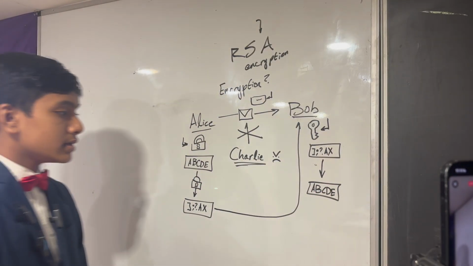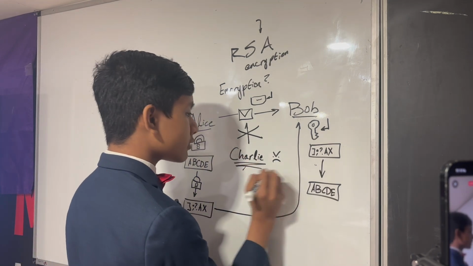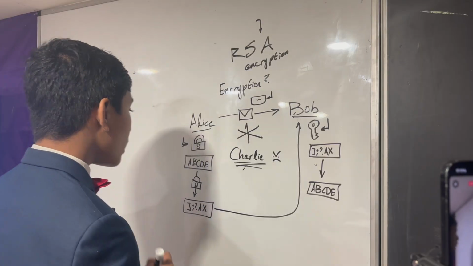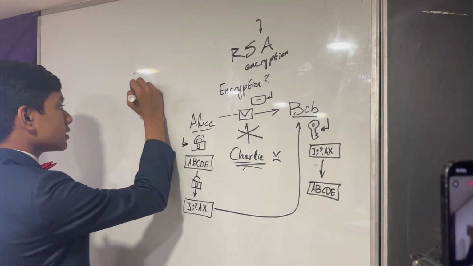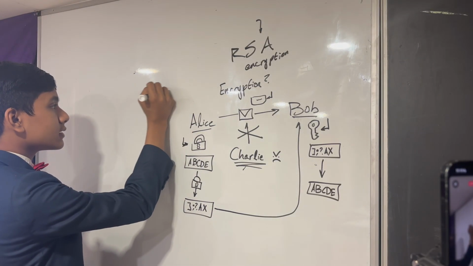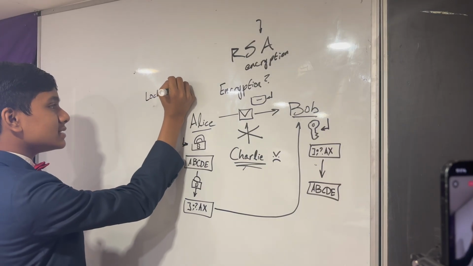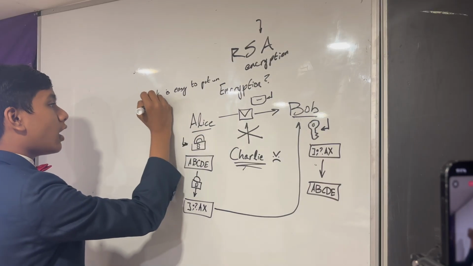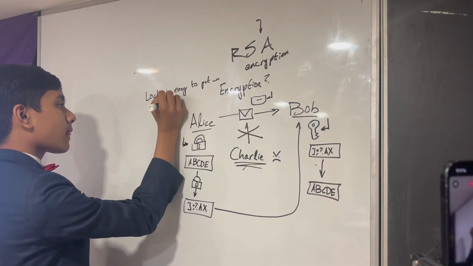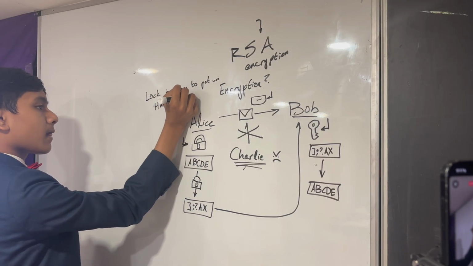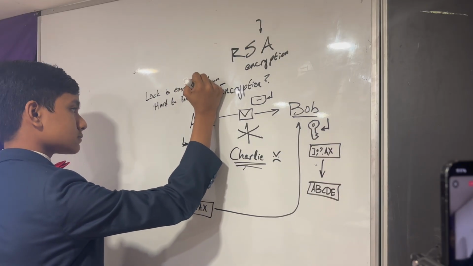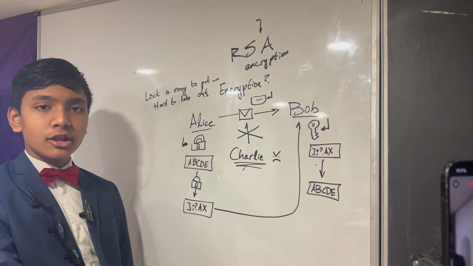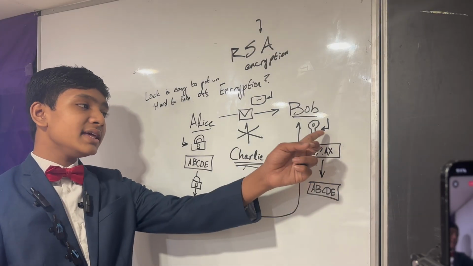Okay, so how can Charlie not figure out how to decrypt it himself? Well, what we want to do is make sure the lock is easy to put on and hard to take off. It's very easy to put on and it's very easy to unlock if you already have the key.